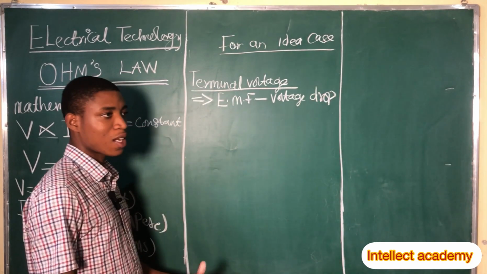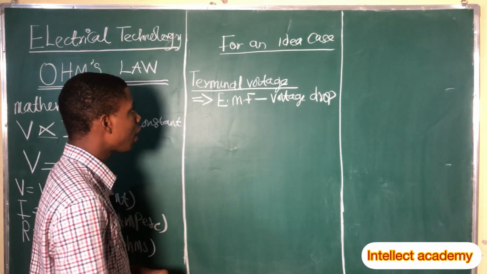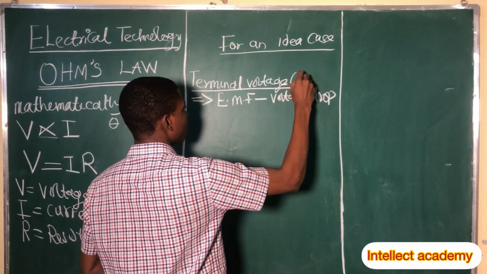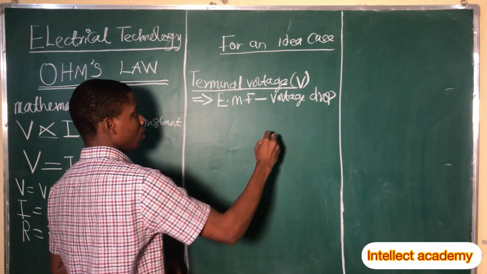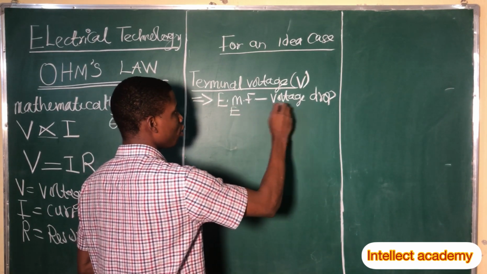The internal resistance in a circuit will bring about a voltage drop. So we have the terminal voltage V, the EMF, which is E, and the voltage drop.